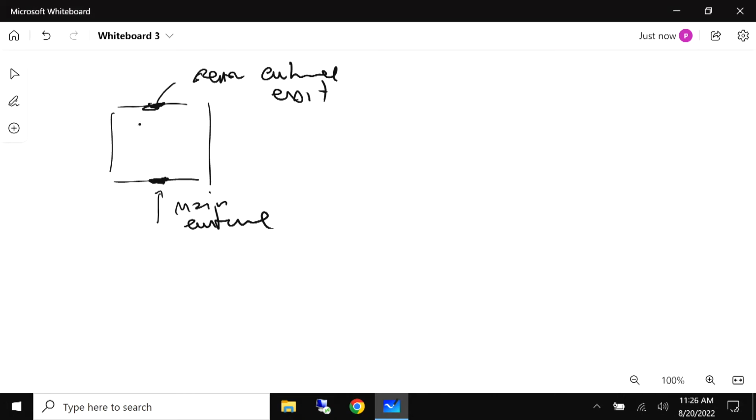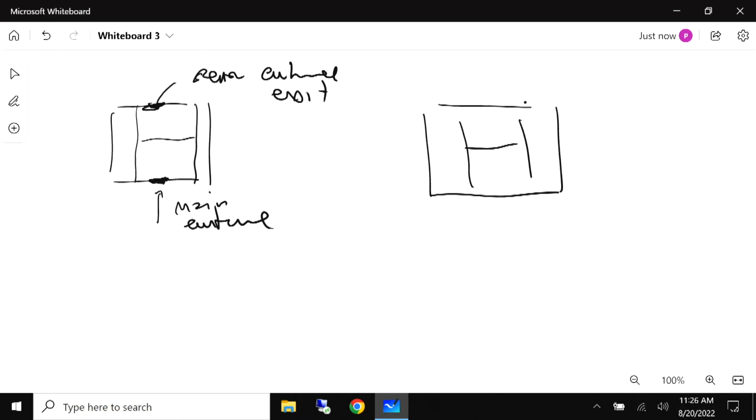We did not discuss this, but I'm going to discuss it shortly. We can also separate this into 4 different areas. So we can imagine 1, 2, 3, and 4. You draw within that box an H. And so here's still the main entrance. This is the rear portion. This is going to be a bedroom.